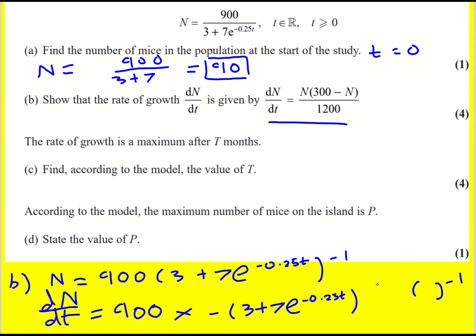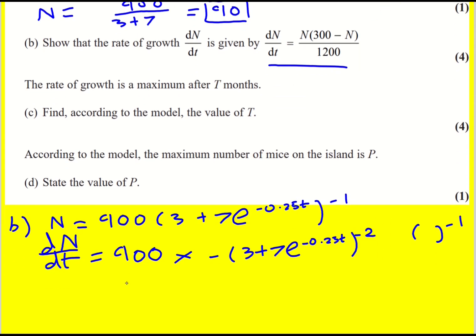And then I'm going to raise that to the power of minus 2, decreasing the power. And I times by the derivative of the inside. So the 3 disappears, but I'm going to get 7 e to the minus 0.25t, and then times by minus 0.25. That is the derivative of this function here. The e just stays the same, the 7 passes through, but then we times by minus 0.25.